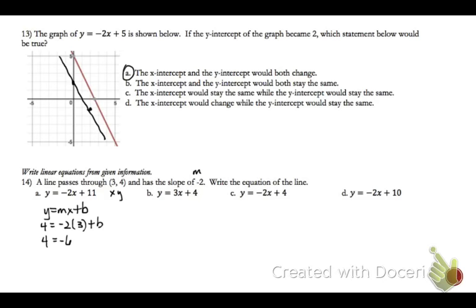So we'll do this math here, we'll multiply, and then add the 6 to both sides. So our y-intercept is 10. So now if we build this equation, we'll plug our slope back in and our y-intercept, and see that the equation of the line is choice D.